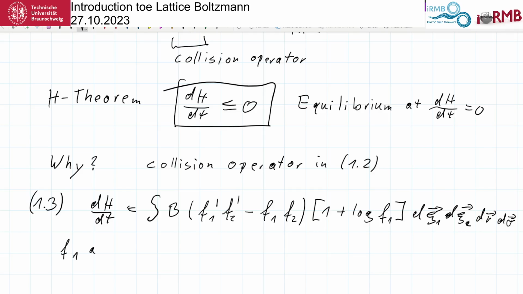Okay, so this is now the equation 1.2 with the collision operator put into this, and here you see this is a function of f1. But the entire thing should be independent of whether we regard particle 1 or particle 2, obviously. This is why f1 and f2 should be interchangeable. The one particle is doing more or less the same thing to the other particle as the other particle is doing to the one particle.